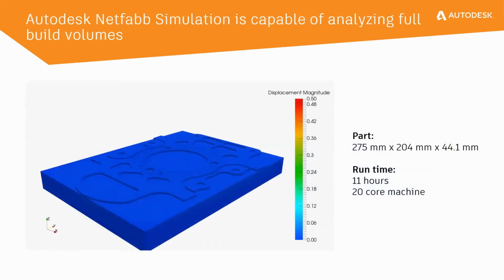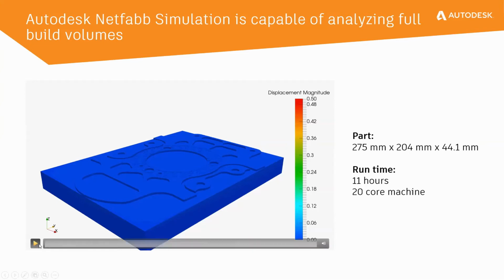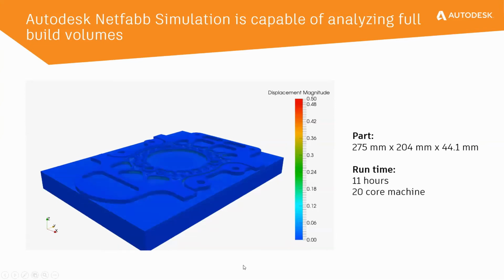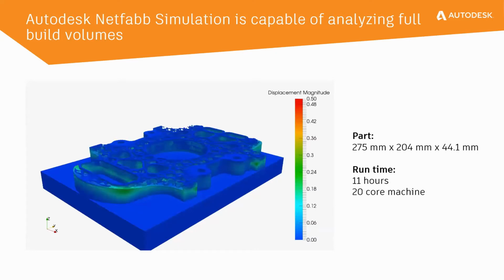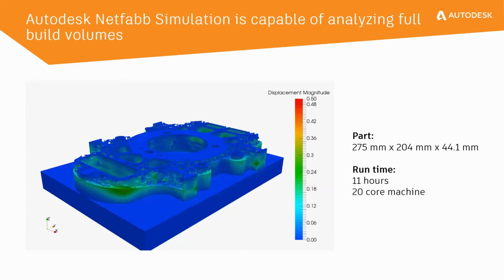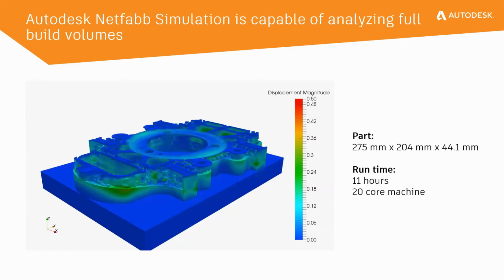As we were seeing in the previous examples and slides, even a 4-inch by 4-inch part produced so much data that it was impossible to solve. We see over here a more complicated part, which has lots of lattices on the inside, which is significantly big, as you can see from the dimensions on the screen, which completed a run on a 20-core machine in 11 hours.